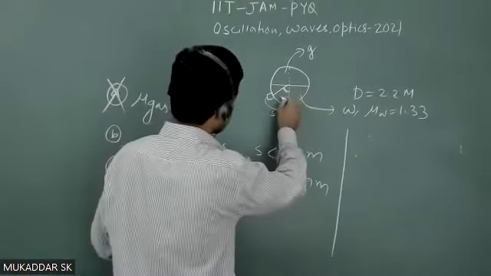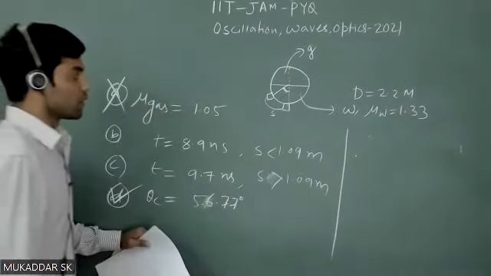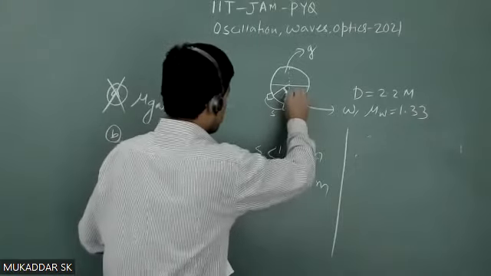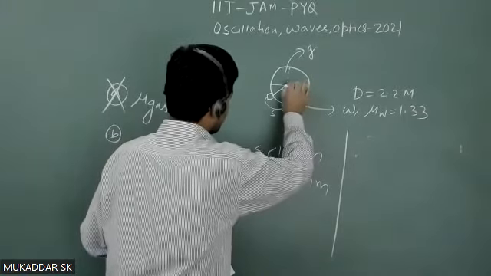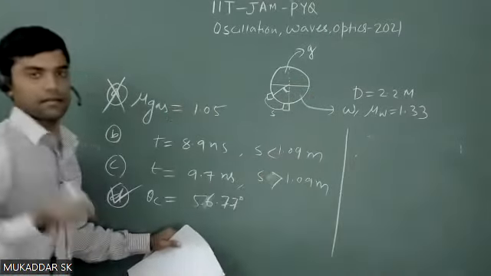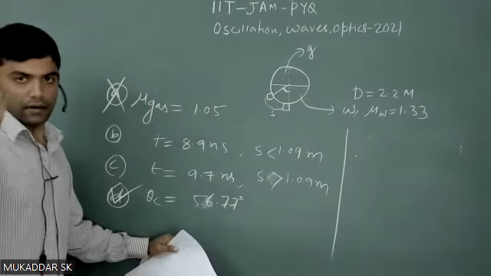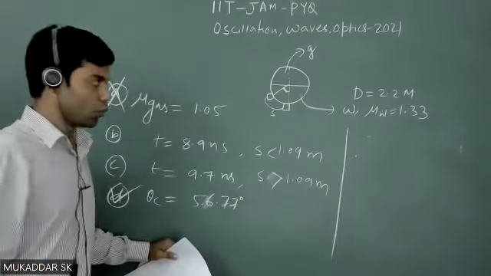So when S is less than 1.09 meter, at this situation, what will happen? At this situation, that ray can pass through this gas. So when S is less than 1.09 meter, it means theta less than theta c. And at theta less than theta c, light can travel through medium 2, right?